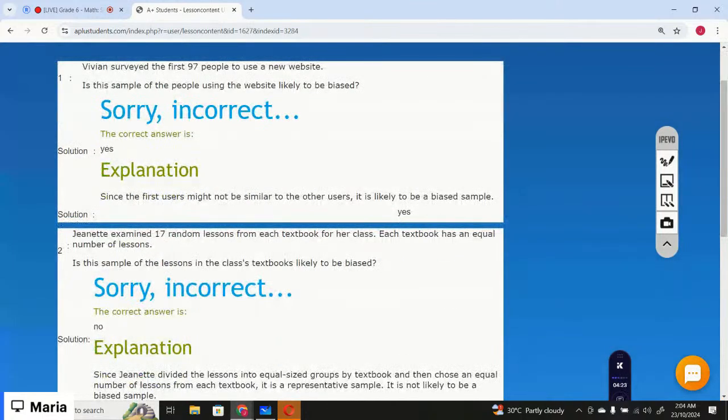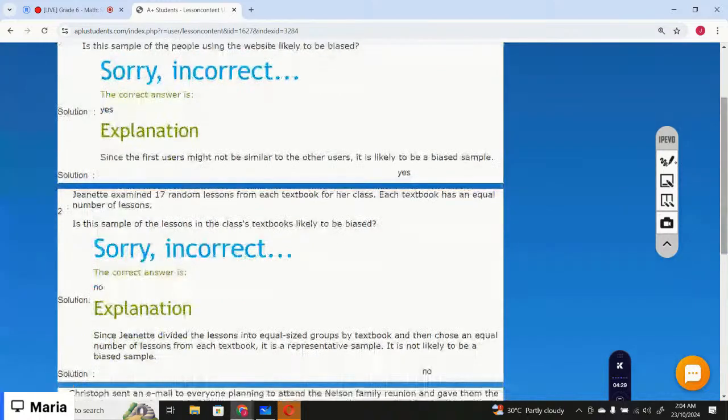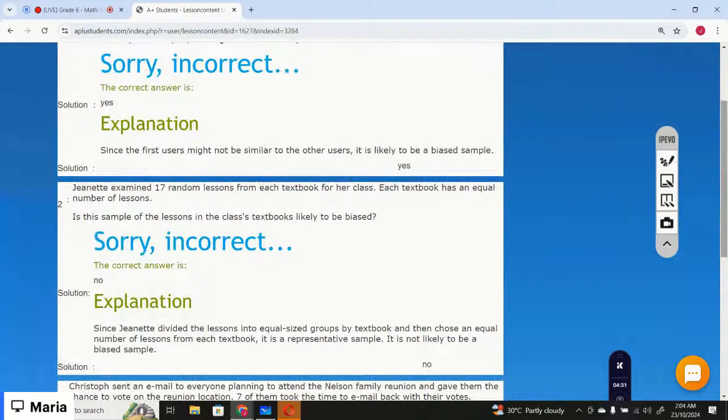The next one is Janet examined 17 random lessons from each textbook for her class. Each textbook has an equal number of lessons. Is the sample of the lessons in the class textbooks biased? No, it is not, because she selected them randomly, right?